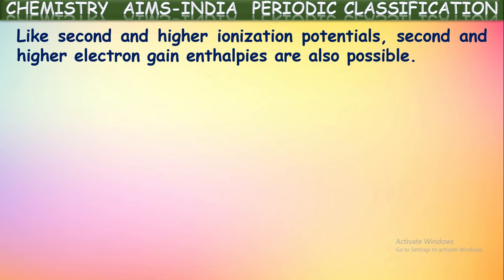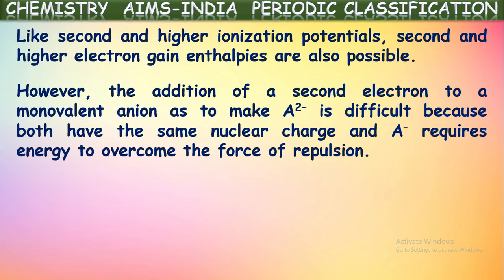Just like second and higher ionization potentials, second and higher electron gain enthalpies, meaning second and higher electron affinities, are also possible. However, the addition of a second electron to a monovalent anion to make A2 minus is difficult, because both have the same nuclear charge and A minus requires energy to overcome the force of repulsion.